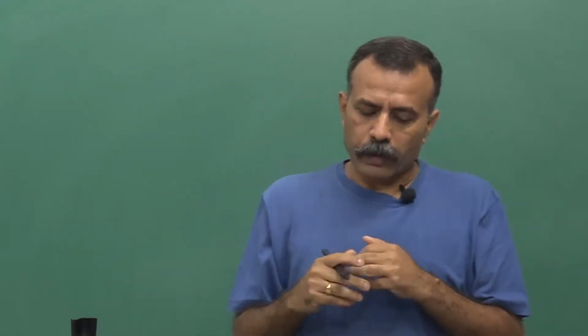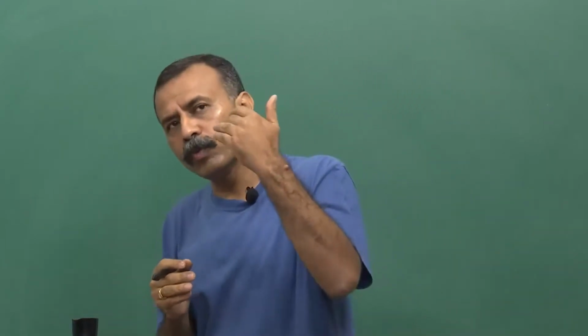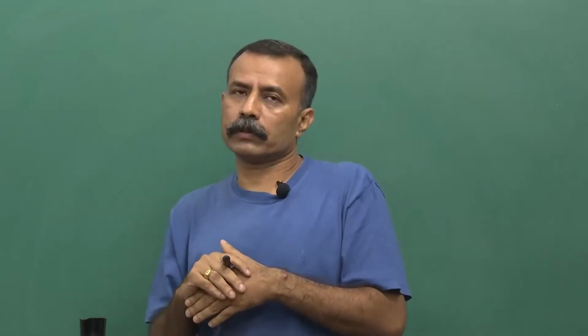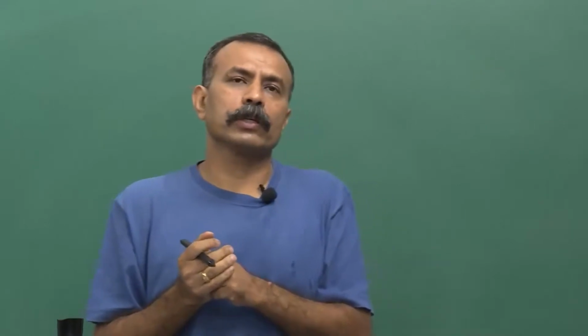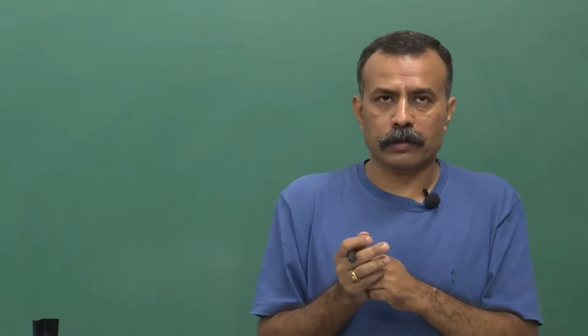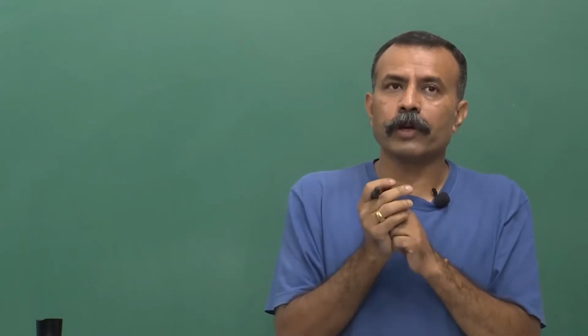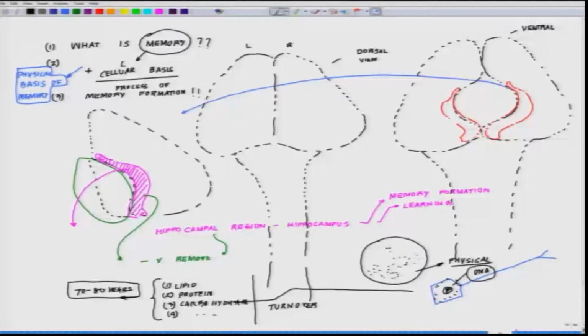But because of this one discovery, that if you remove a part of the brain which is termed the hippocampus, further memory formation does not occur, it opens up a Pandora's box to approach memory from a different angle, right. So, the second question is the process of memory formation.